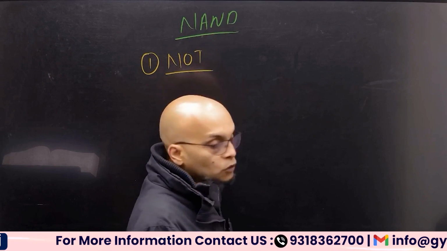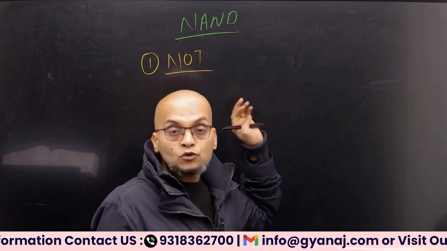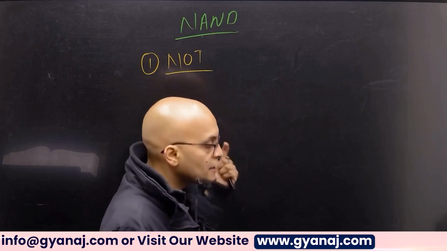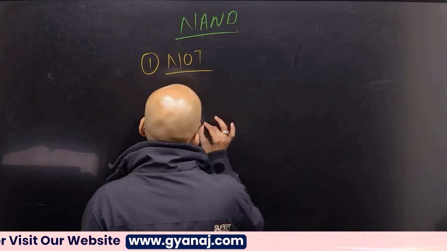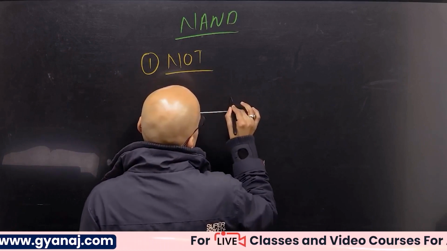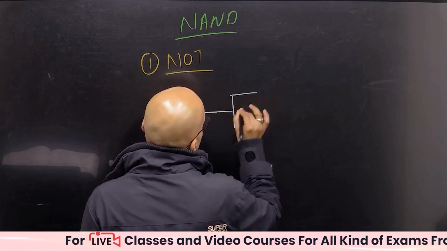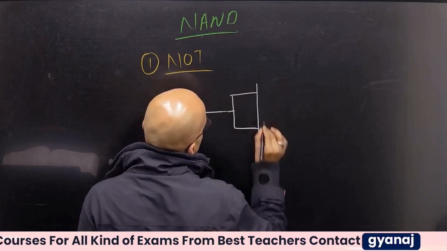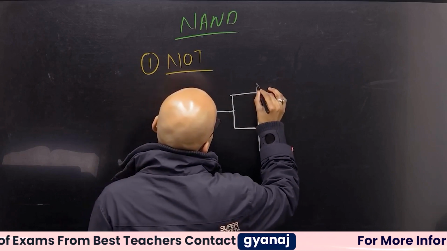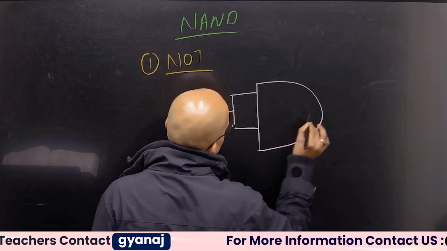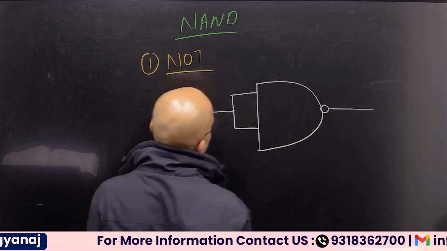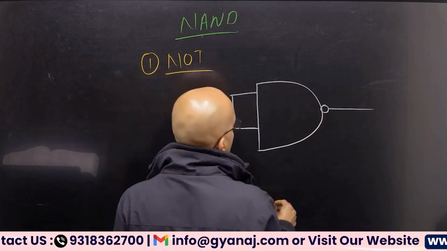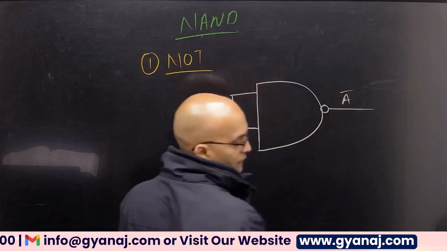If you want to make a NOT gate out of a NAND gate, you have to convert the inputs into one. So how to do that? We can supply the gate with one signal, and then multiplex the signal into two inputs. This is your NOT gate in the form of NAND.